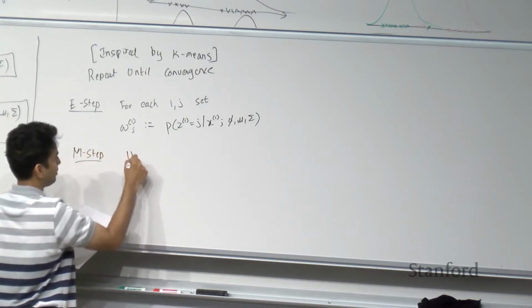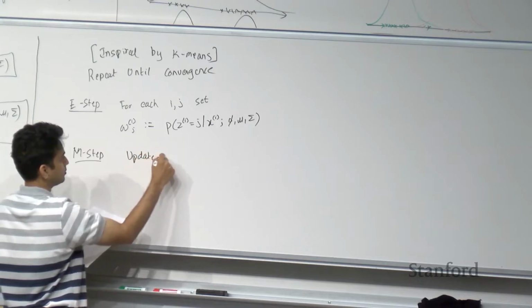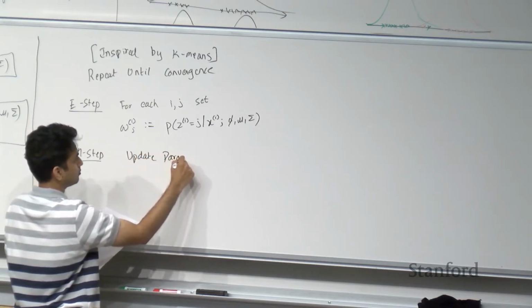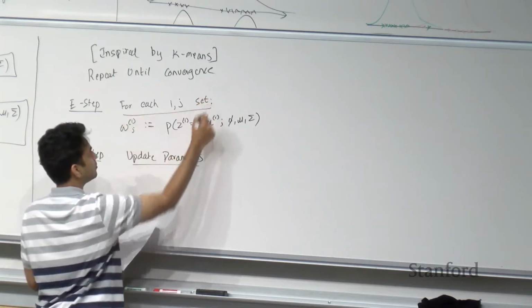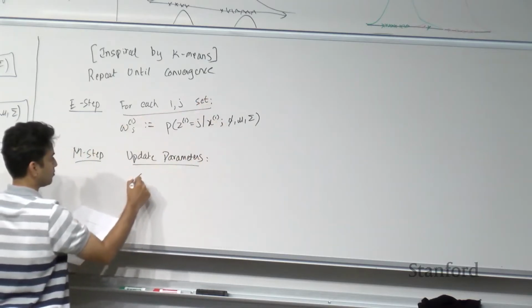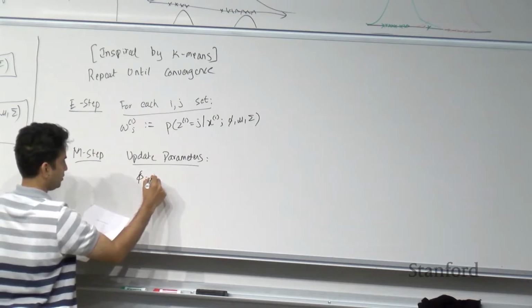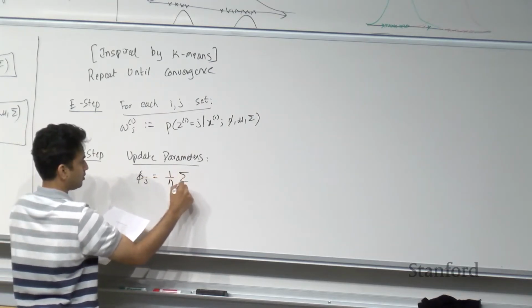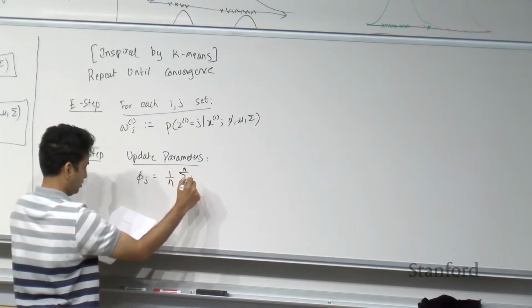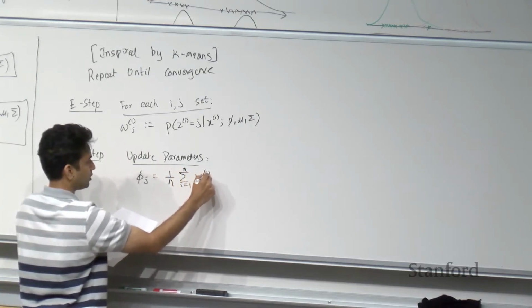where we update the parameters. Phi j equals 1 over n sum over i equals 1 to n of W i j.